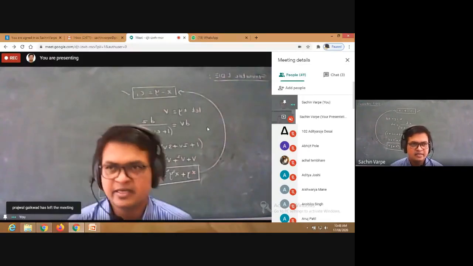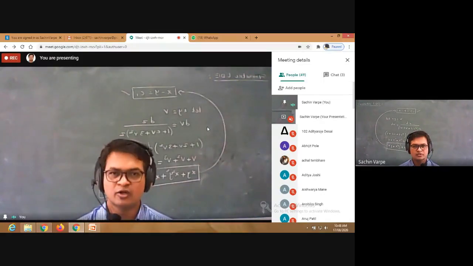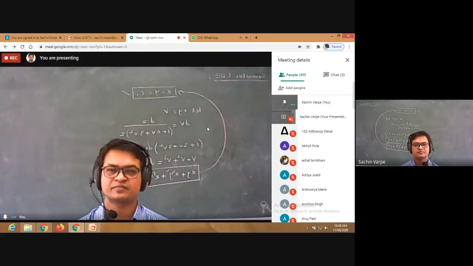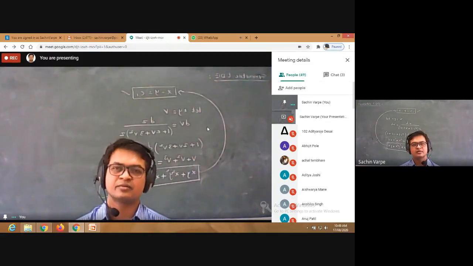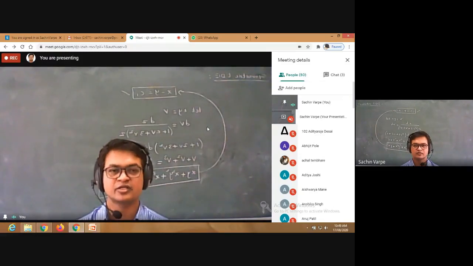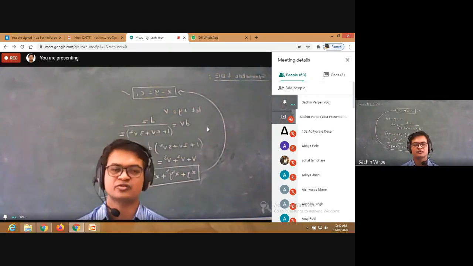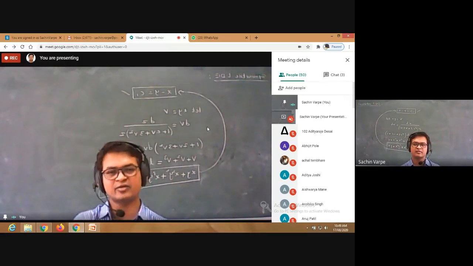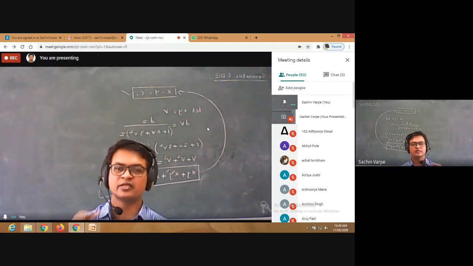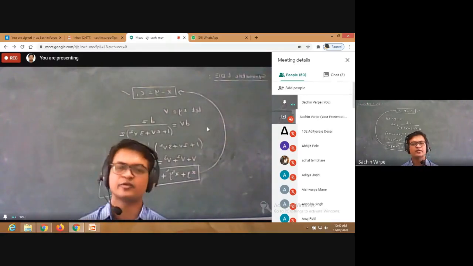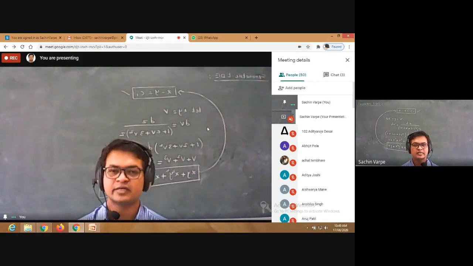Just like in mechanics most of the laws are associated with Newton's laws, in a similar manner, in electronics, most of the laws are associated with Kirchhoff's laws, Kirchhoff's voltage law or Kirchhoff's current law, and also Ohm's law. So to model the circuit into mathematical form, we need the voltage drops across the components: the voltage drop across the resistor, the capacitor, and the inductor.